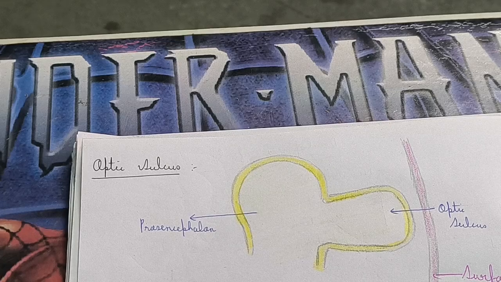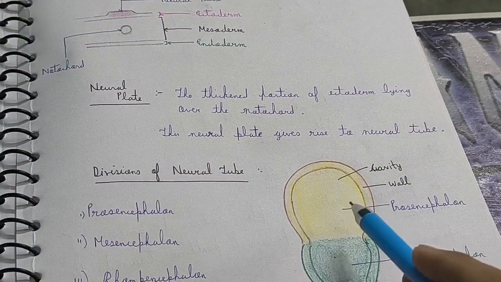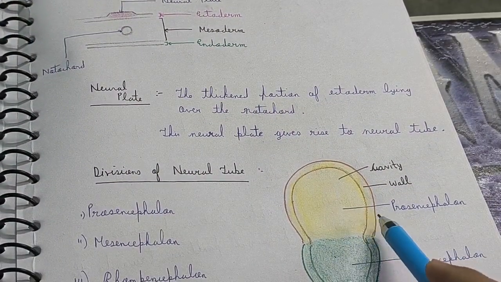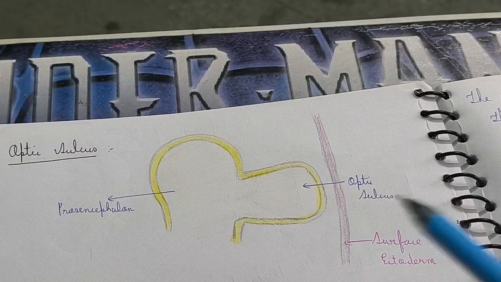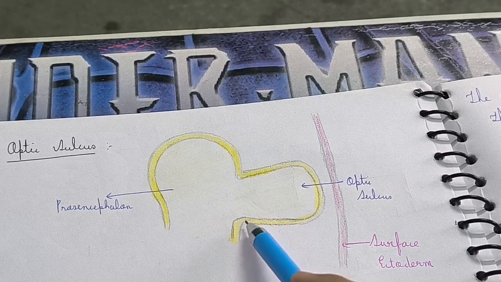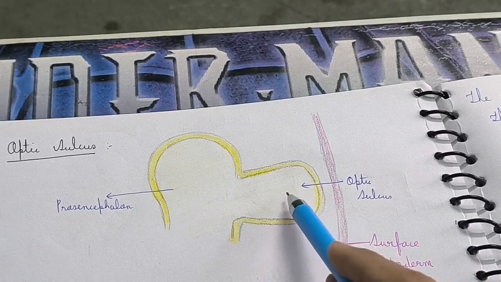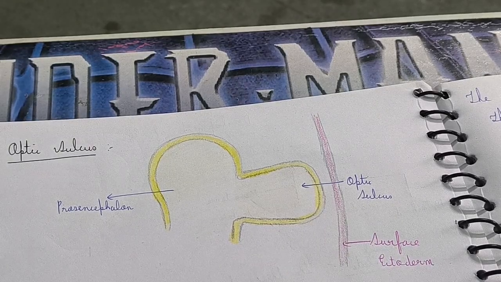Now I will discuss the optic sulcus. This is the prosencephalon. Initially in the prosencephalon there is no outgrowth, but now as you can see here, in this prosencephalon a neuroectodermal outgrowth occurs, and this neuroectodermal outgrowth of the prosencephalon leads to formation of the optic sulcus.